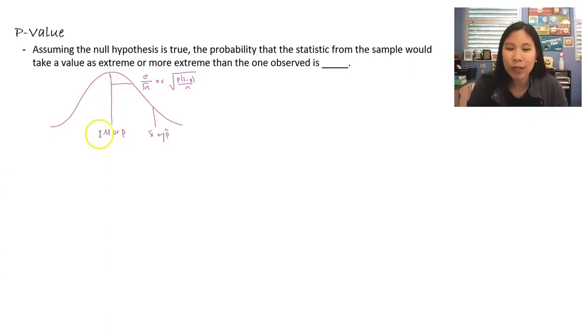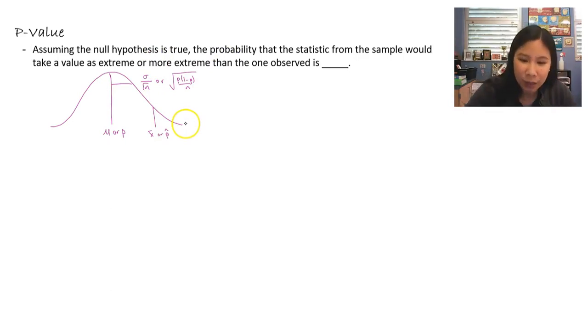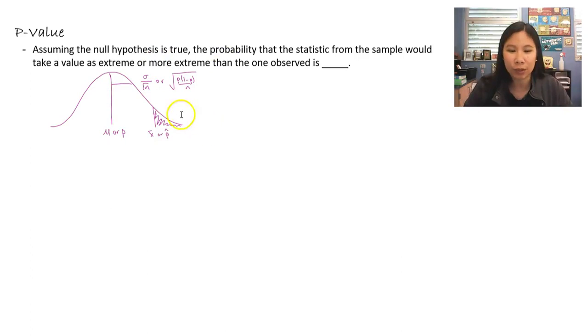If we are assuming that the null hypothesis is true, then the population mean or proportion should be right in the middle. And so we are calculating the probability that whatever we got, the one we observed, is as extreme or more extreme. It talks about shading to the outside of the normal curve.